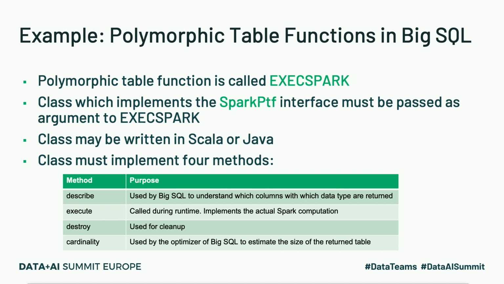And well, there are 2 additional methods. One is the destroy method, which is just called for cleanup after the polymorphic table function has finished. And in addition, there's a method cardinality, which gives a hint to the optimizer how many rows to expect, because for getting the best query plan, the optimizer usually has to know something about the table which it is using, and the minimal kind of statistics is usually the number of rows which are in a table.